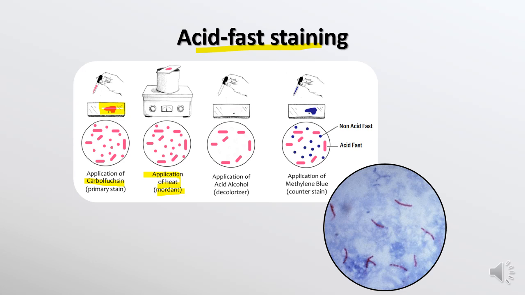After the heating, we apply acid alcohol, which functions as a decolorizer, which means the non-acid-fast bacteria will turn colorless. Finally, we put on methylene blue as a counterstain to stain the non-acid-fast bacteria. This is how it looks under the microscope. Usually the acid-fast bacteria will look red, and the background or the non-acid-fast bacteria will look blue.